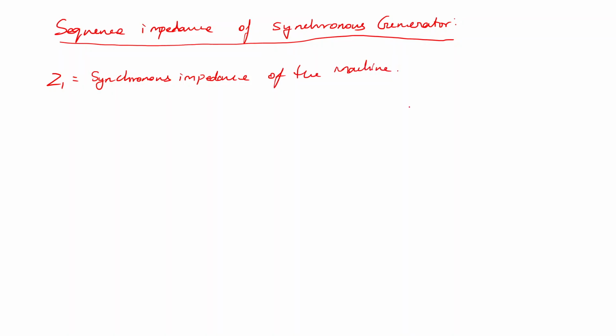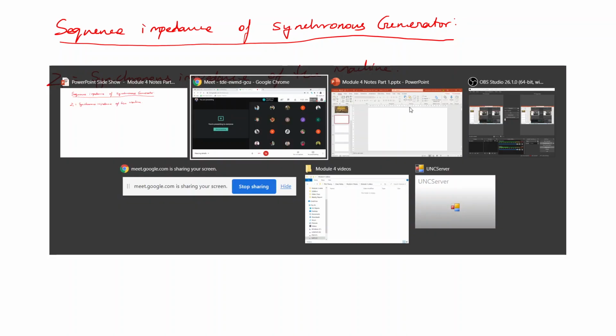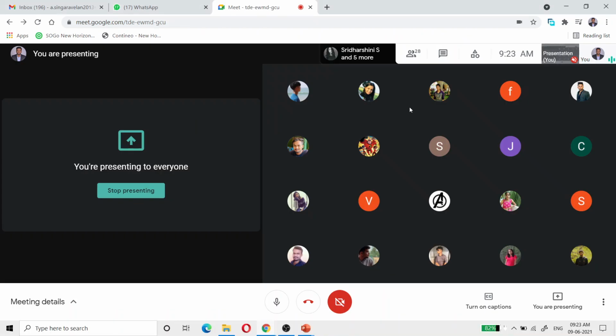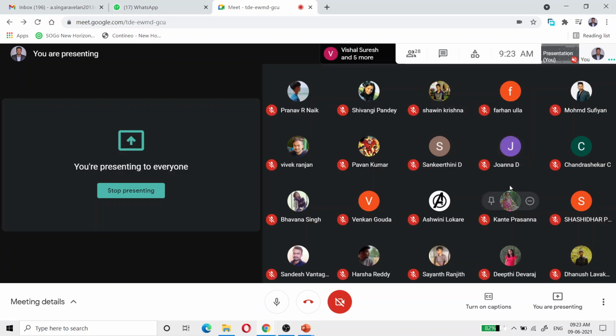We know that it is impedance, but what is 1 there? Anyone please recall what the 1 is here, just for checking your understanding. Yes, I need an answer, please.